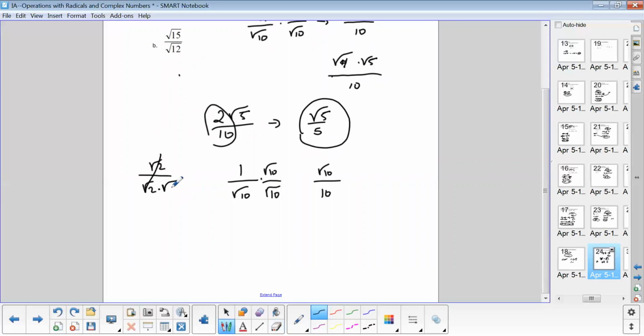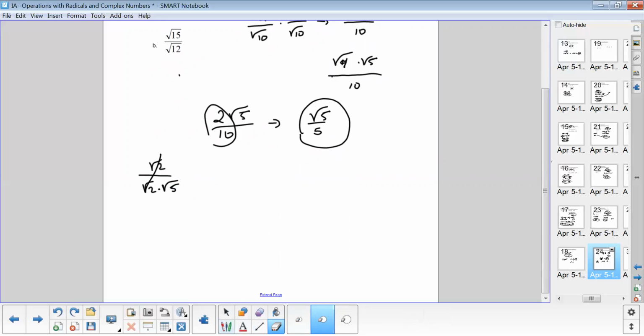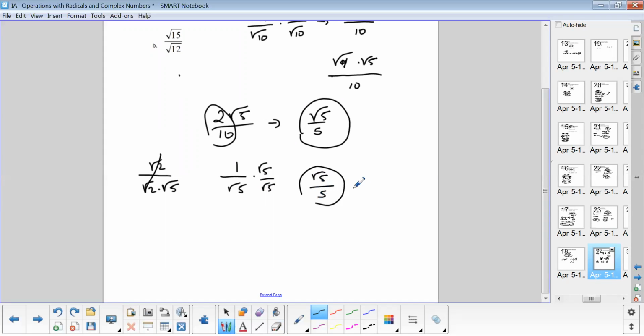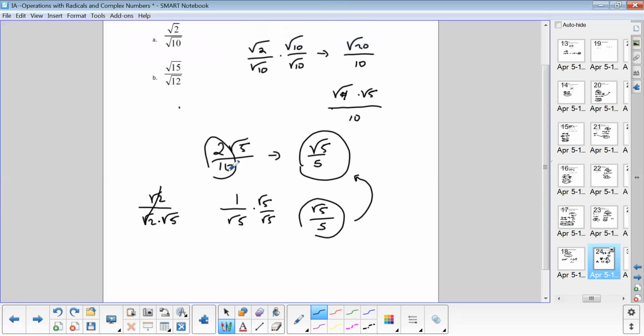Jumping ahead of myself there. That should be 5, which would make these 5, and this one 5. So I'm just going to erase all of those. So this would give me 1 divided by the square root of 5. And then when I rationalize that, I get the square root of 5 divided by the square root of 5 times the square root of 5, which is the square root of 25, or 5. So either way you want to look at that to simplify, there's not a wrong answer or a wrong path between those two.